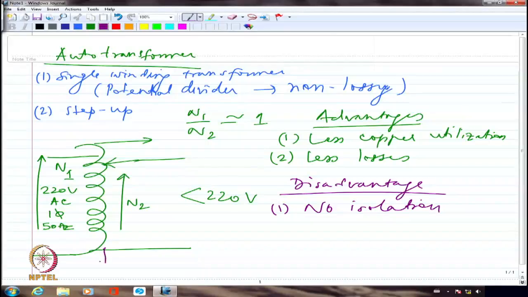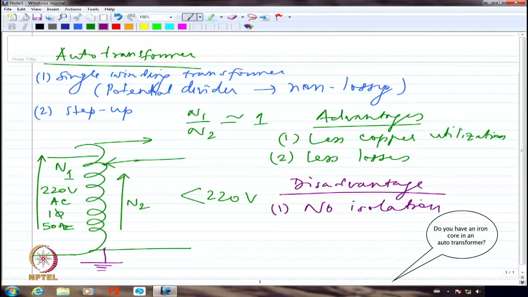It is true in any transformer which has only one single winding. It is as good as an inductance, nothing else basically, right? I hope you understand. It is as good as an inductance. And what you are looking at is self-induced EMF. So I should probably show two lines here.